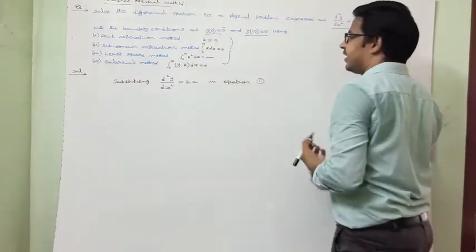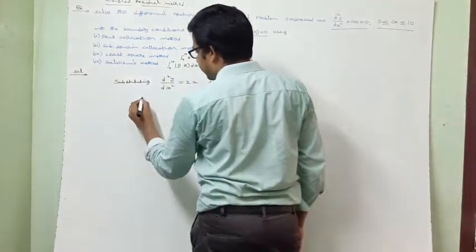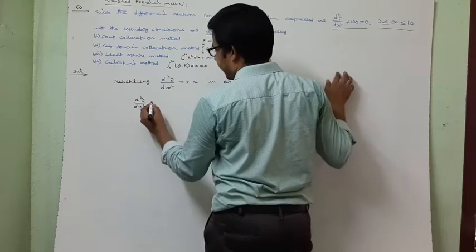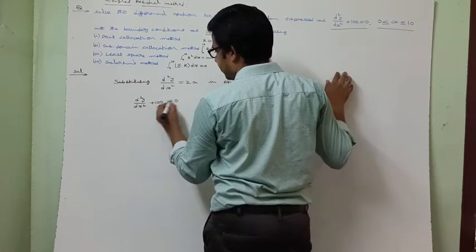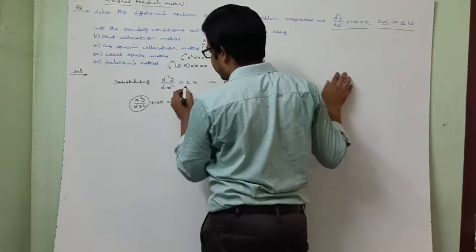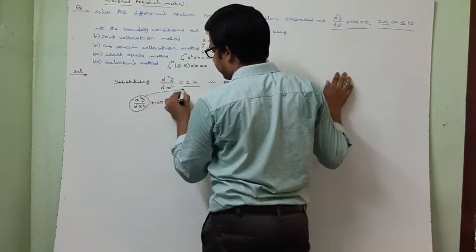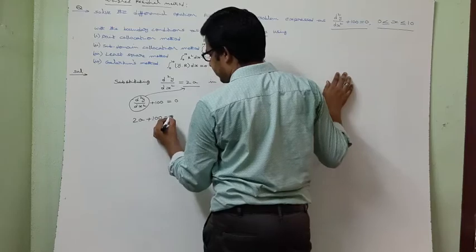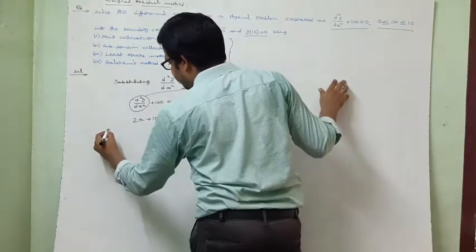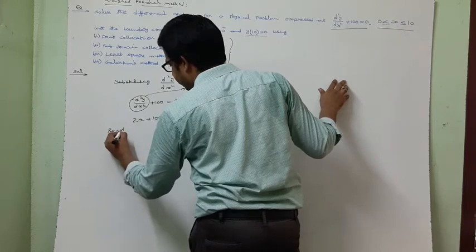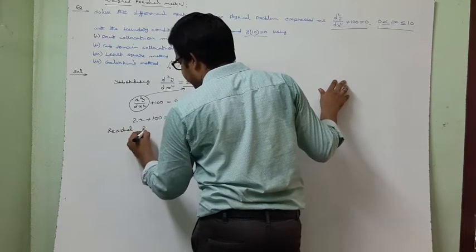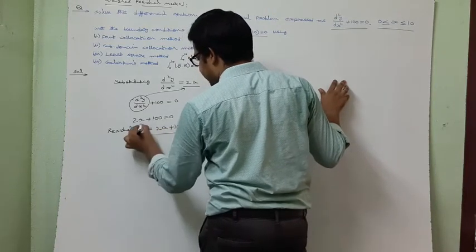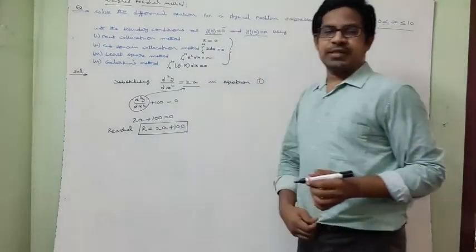So in equation 1, what is the value? d square y by dx square plus 100 is equal to 0. Here the d square y by dx square value is 2a, plus 100 is equal to 0. So here this is the residual r, which is equal to 2a plus 100. Residual r is equal to 2a plus 100.